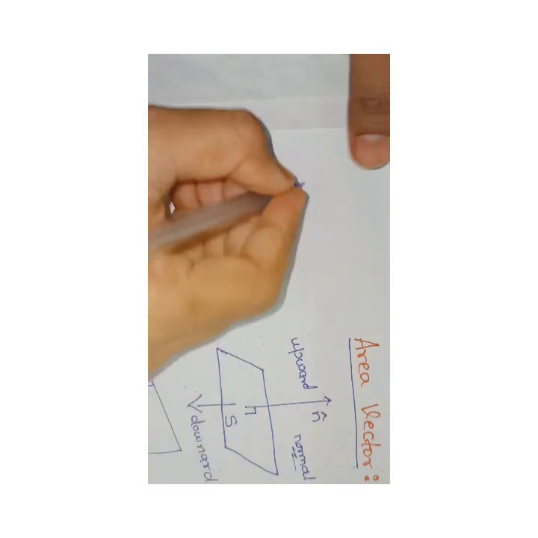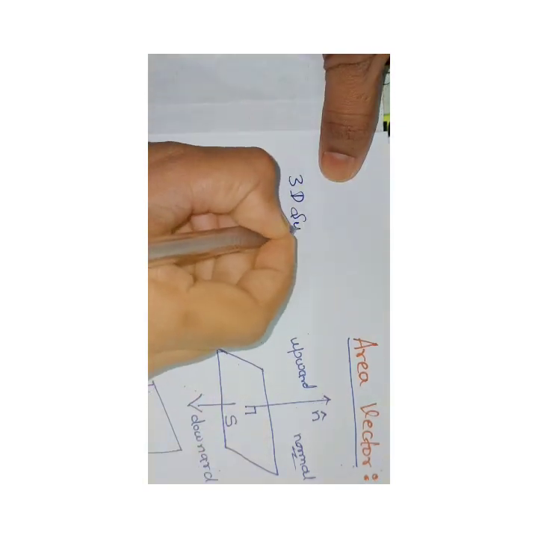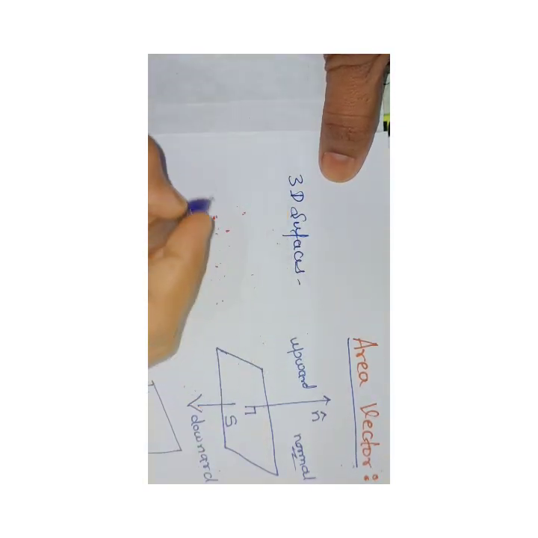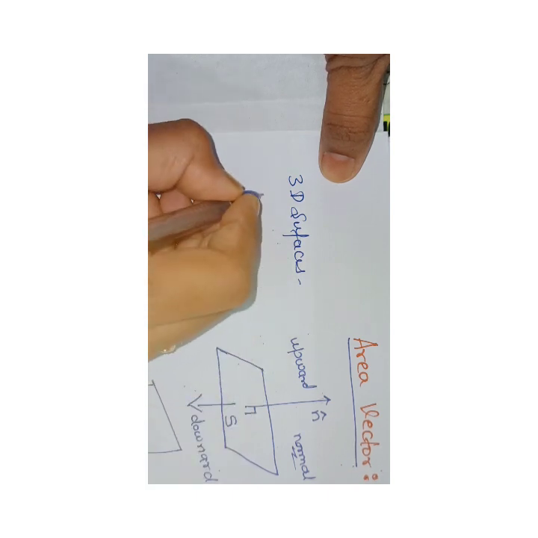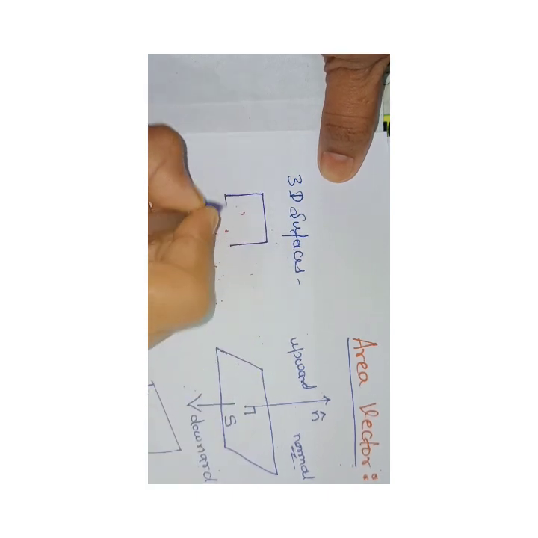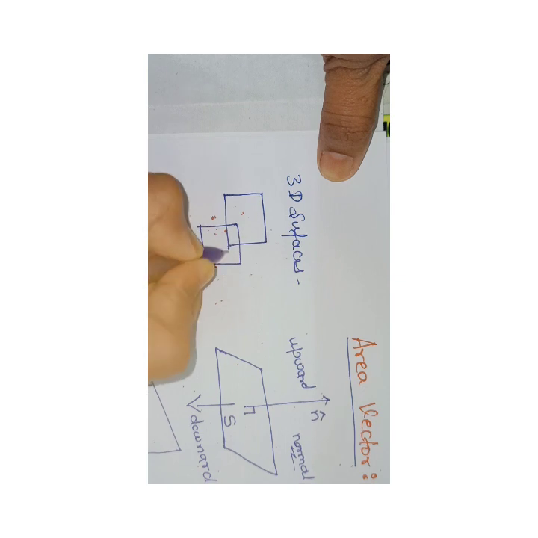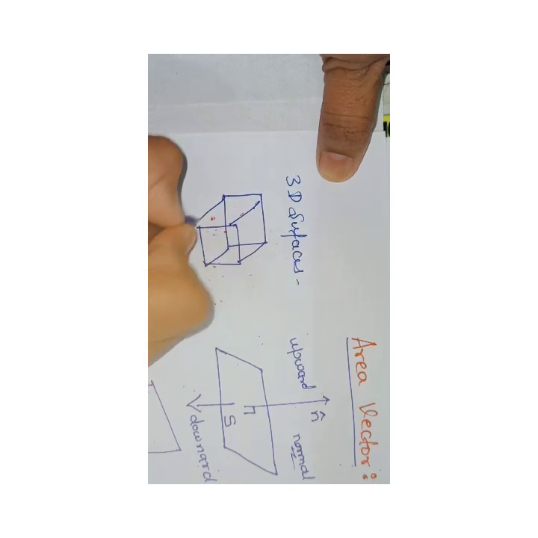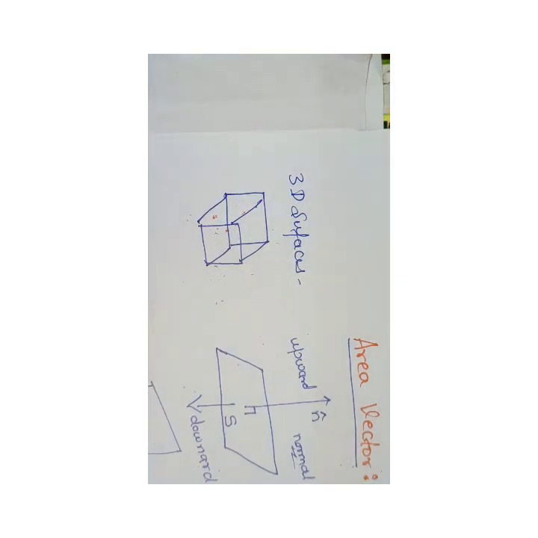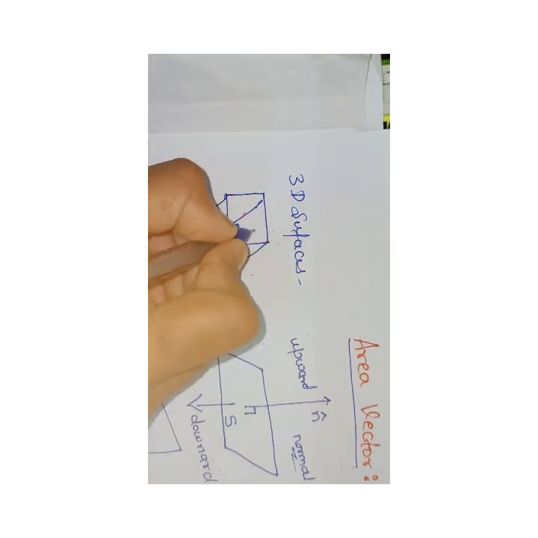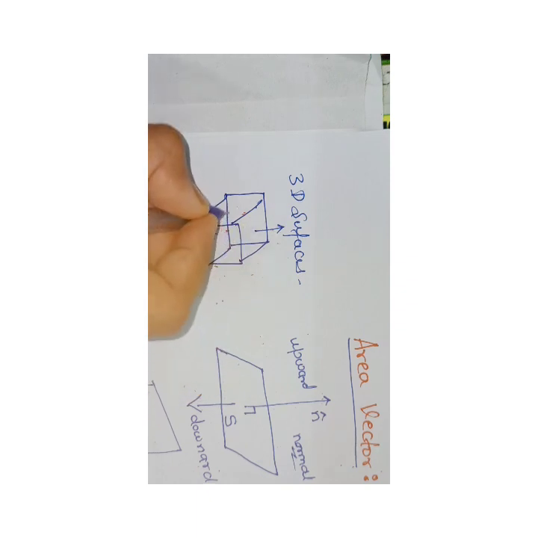Now you can try this for 3D surfaces. 3D surface means I can take a cube. You can take a cube like this. Okay, so a cube has 6 faces, right? Here also you will get upward and downward, outward and inward.